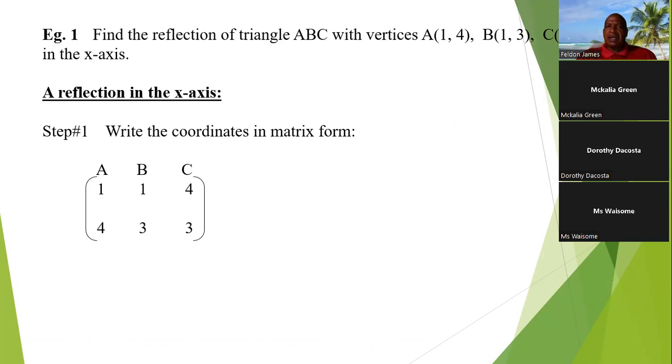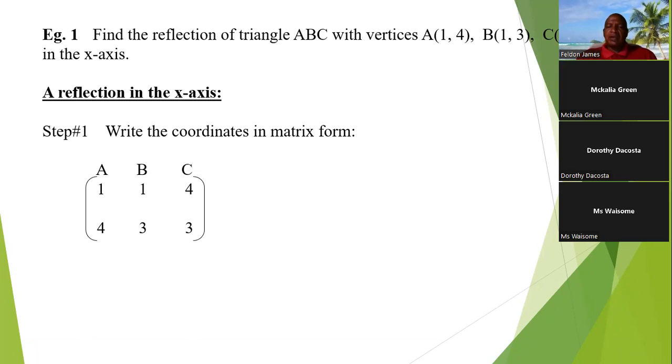X-axis, sir. In the x-axis. Right. So first we write the coordinates of A, B, and C in column form. That's step one. Step two now is to find that reflection matrix that reflects them in the x-axis. What is that reflection matrix again, Ms. Wilson? 1, 0, 0, minus 1, sir.